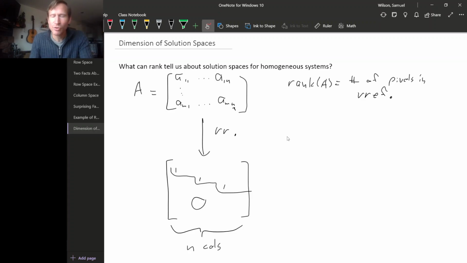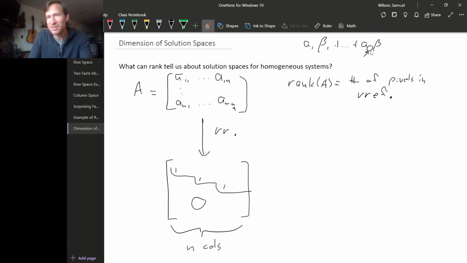So we know that the solution set for a homogeneous system looks like just a span of certain vectors like this. We don't know how many. So the solution set looks like this, but how many vectors are there?